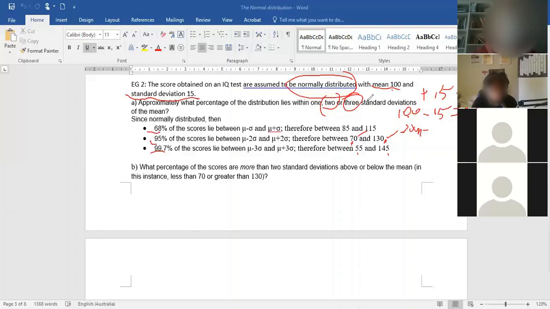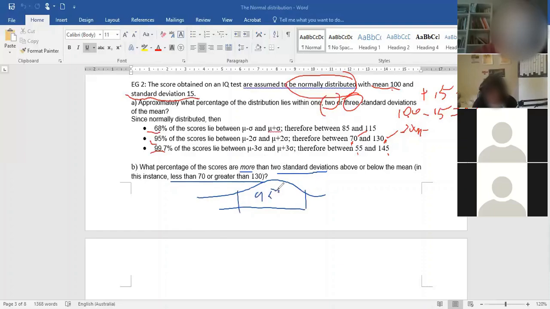Part B says, what percentage of the scores are more than 2 standard deviations above the mean or below the mean? In this instance, less than 70 or greater than 130. It says 2 standard deviations, and remember, I'll just quickly draw it up. With 2 standard deviations, we're looking at 95%.